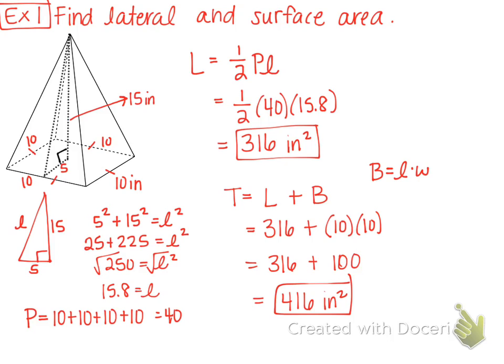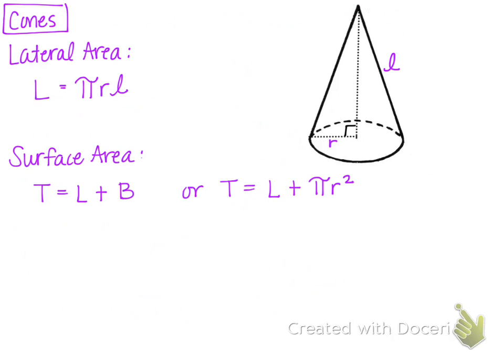Next, let's talk about cones. So for cones, the lateral area is pi r L. So r is the radius, and again, L is the slant height.